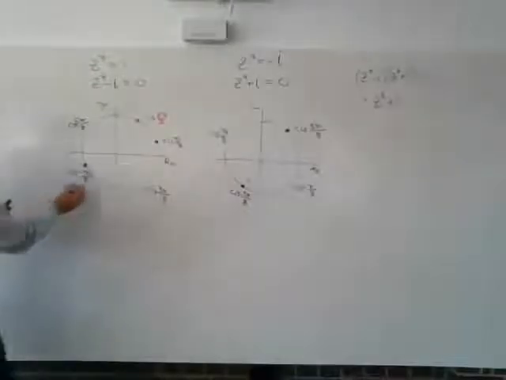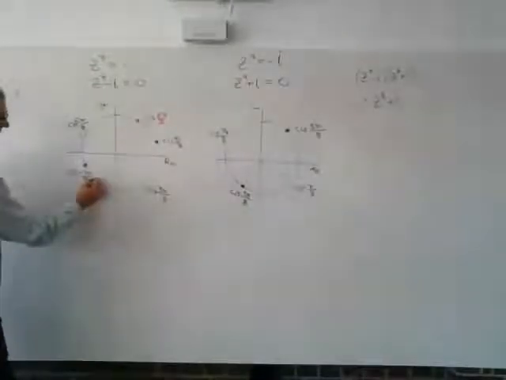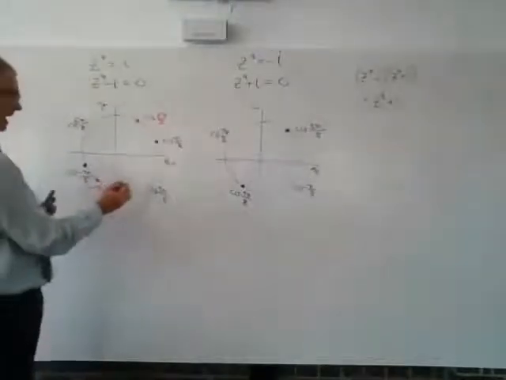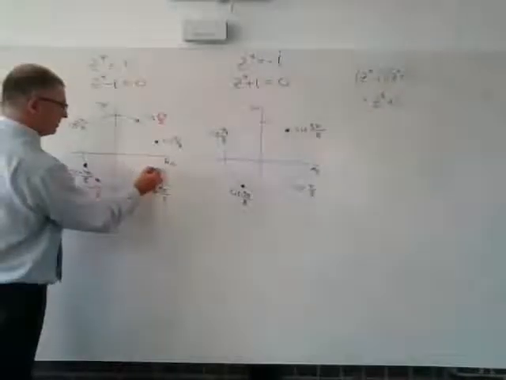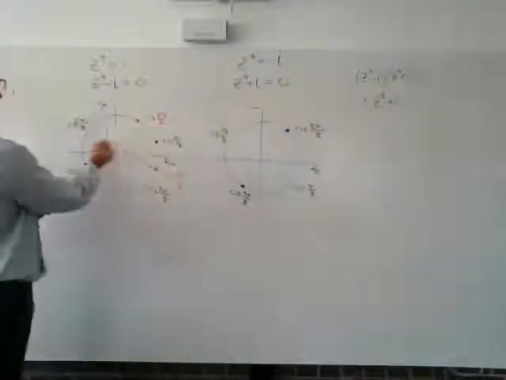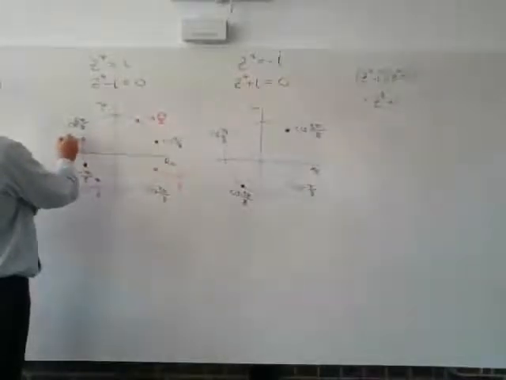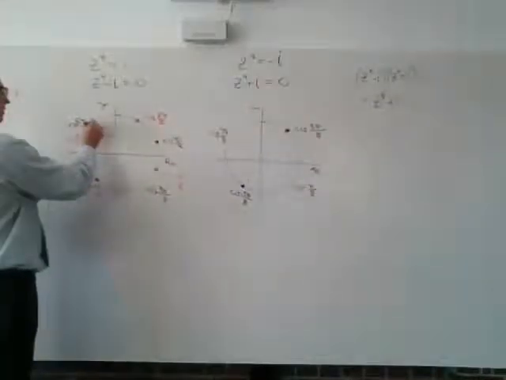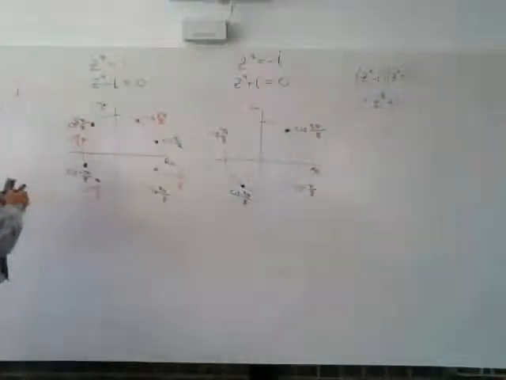This one over here is cis minus 5 pi on 8. And we've got cis of minus pi on 8, and cis of 7 pi on 8. Okay, so just put my dots where they should be.